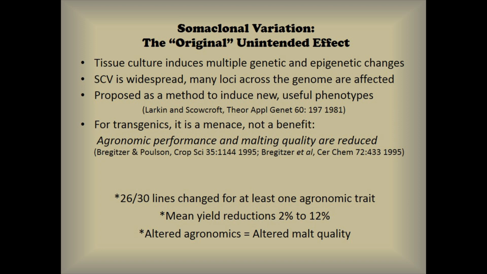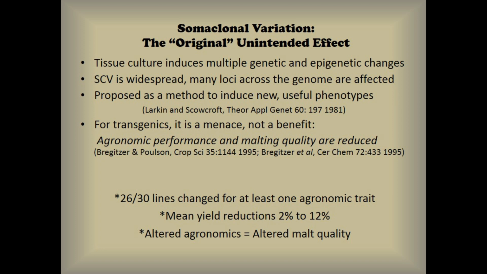And back in the day, when mutation breeding was all the rage, somaclonal variation was thought of as just another mutagen, a way to induce new and useful phenotypes in much the same way that people used radiation or chemical mutagenesis. And there was some application of this, but by and large what we've been using tissue culture for is for the production of transgenics.